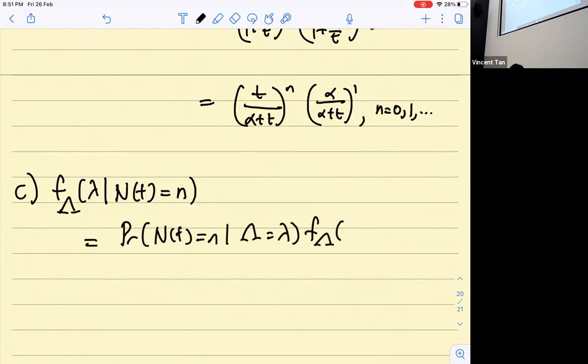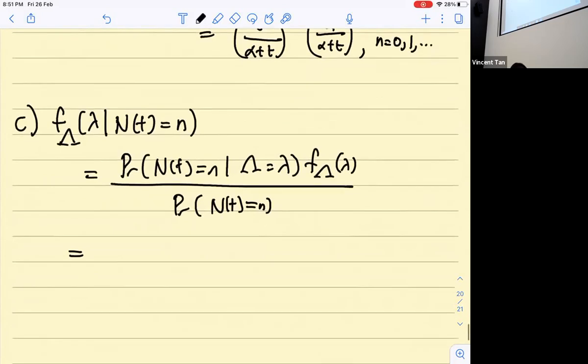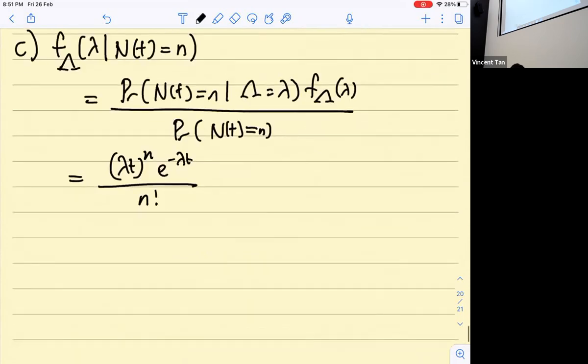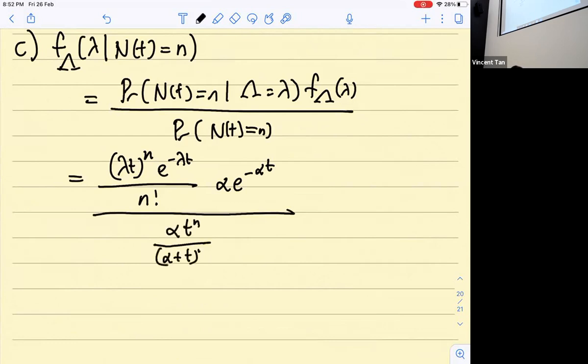Now f of lambda over the probability that N_t equals n. So we have all the information. This guy here is nothing but Poisson, e to the minus lambda t, lambda t to the n over n factorial. Now this guy here is exponentially distributed, alpha e to the minus alpha lambda. And the bottom here is geometrically distributed, it's alpha times t to the power n over alpha plus t to the n plus 1.